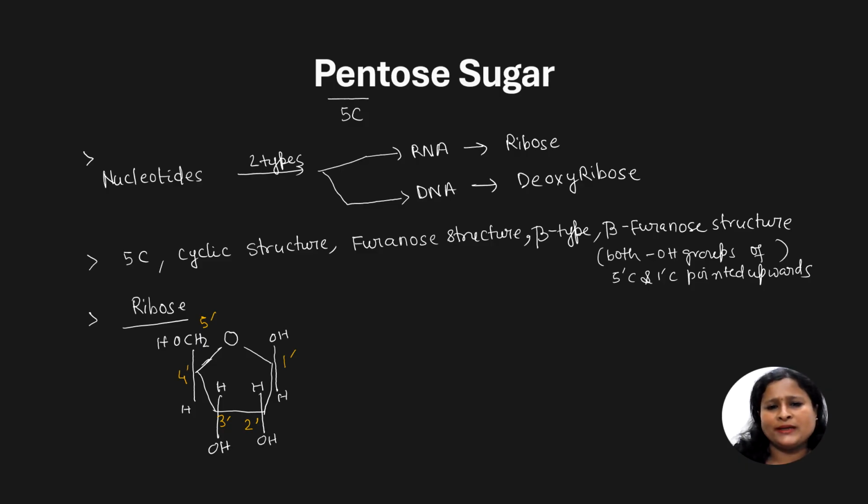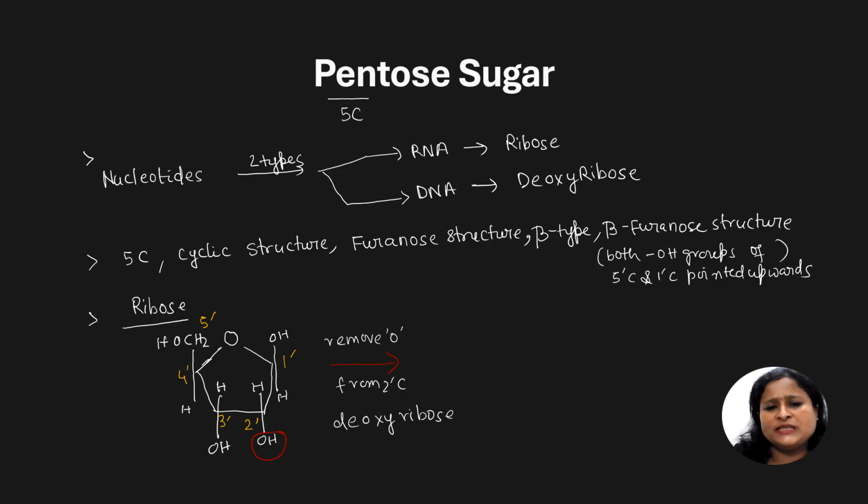Next important point is, what is deoxyribose? Now see, in this structure, if we take out the oxygen from the 2 prime carbon, then deoxyribose will be formed.